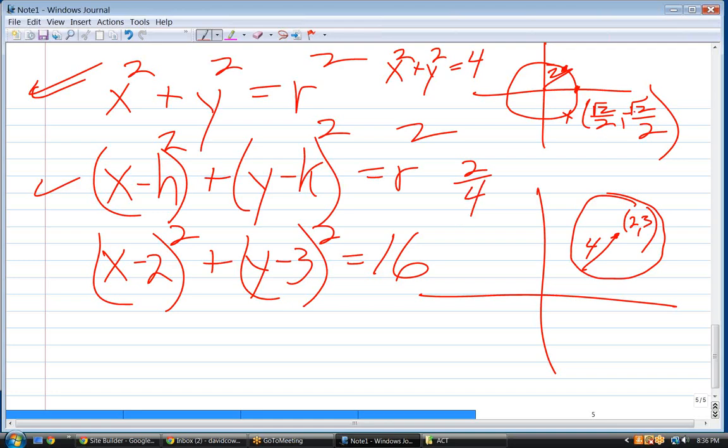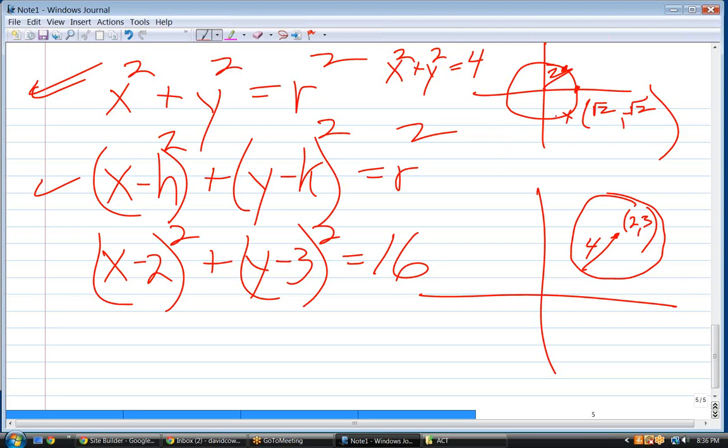If I put the y point into that, all right, I made a mistake. That point is actually square root of 2, not divided by 2, and that point's minus square root of 2. In other words, I know this point is on the circle because when I put these two values in, I still have an equation. I get 2 plus 2 equals 4.